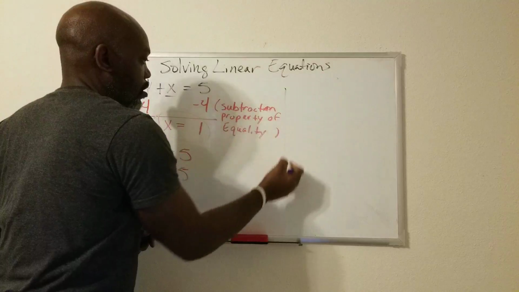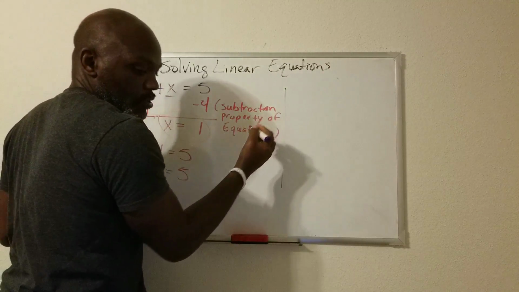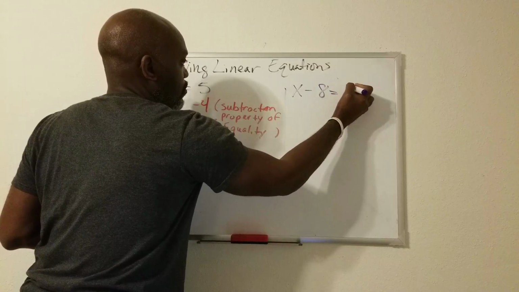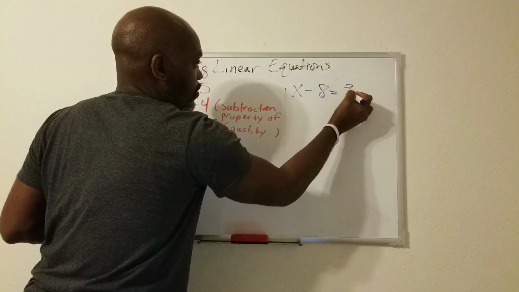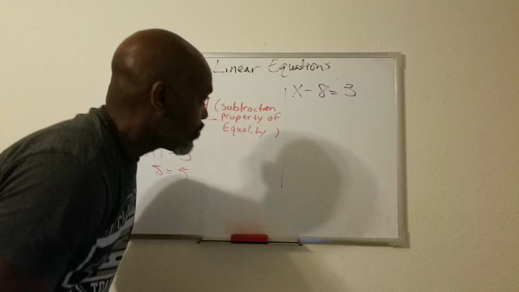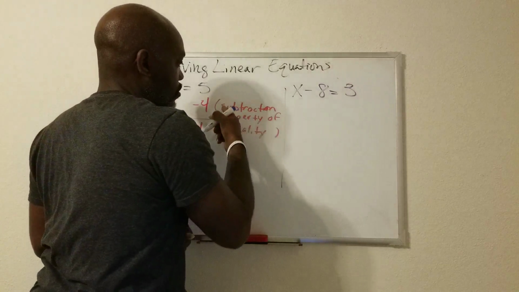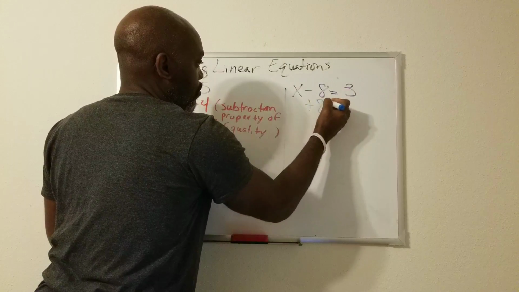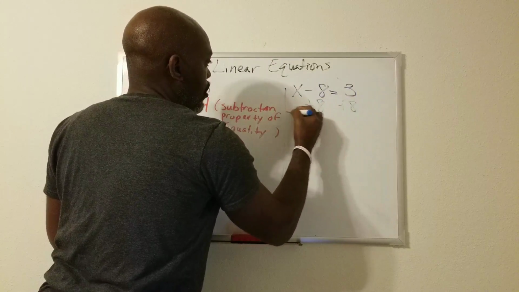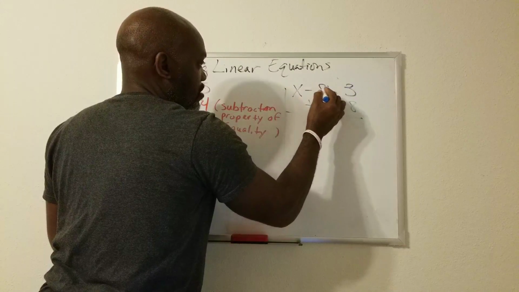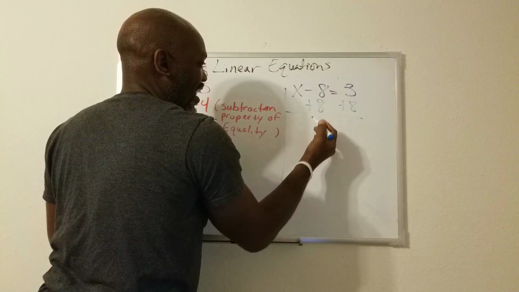We also can use another vocabulary word. x minus 8 equals 3. Instead of subtraction property, we're going to use the addition property of equality, because for minus 8, to get it to be 0, we have to add 8 to it.